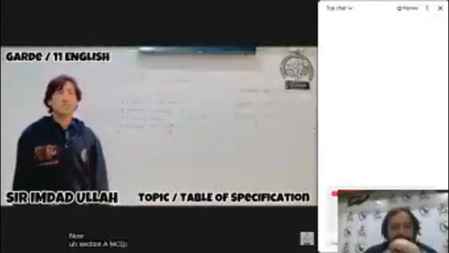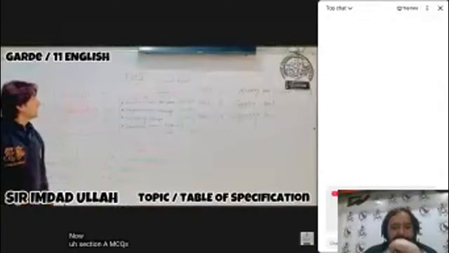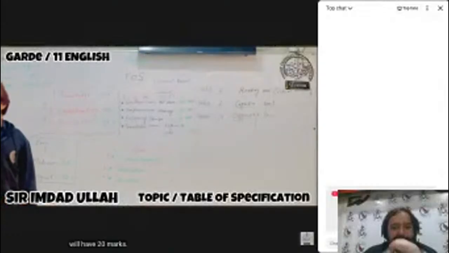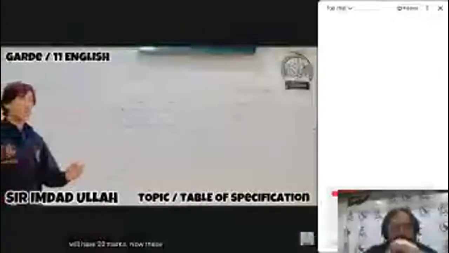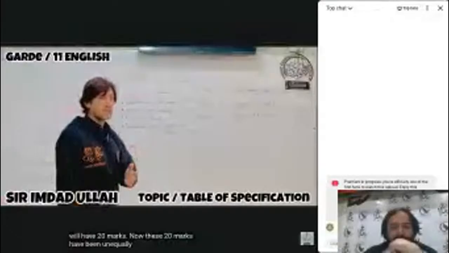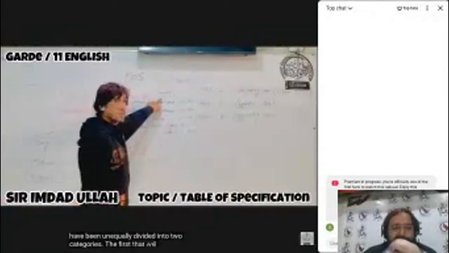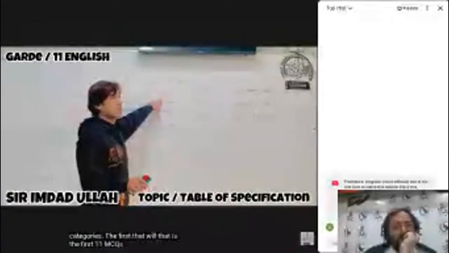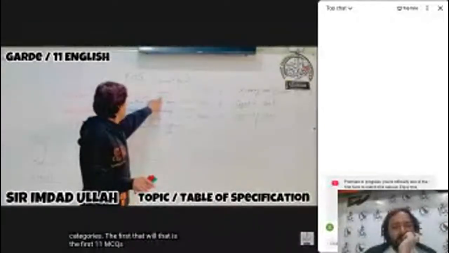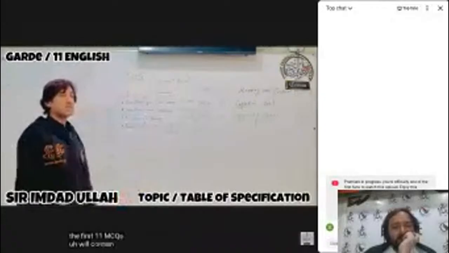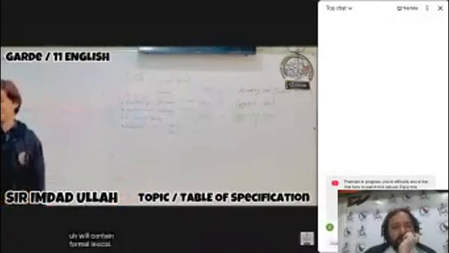Now, section A, MCQs, will have 20 marks. These 20 marks have been unequally divided into two categories. The first 11 MCQs will contain formal lexical.